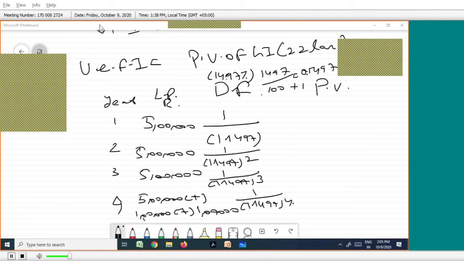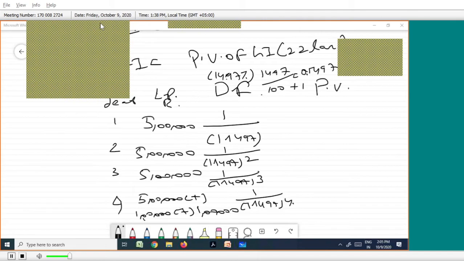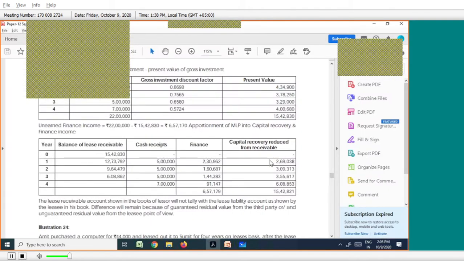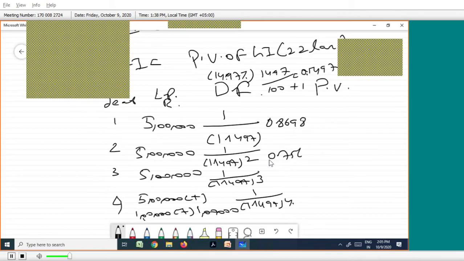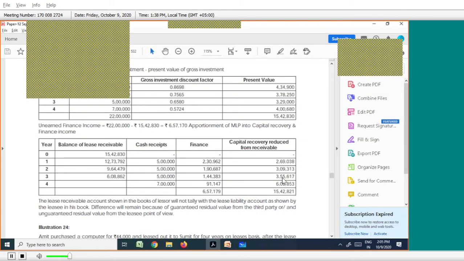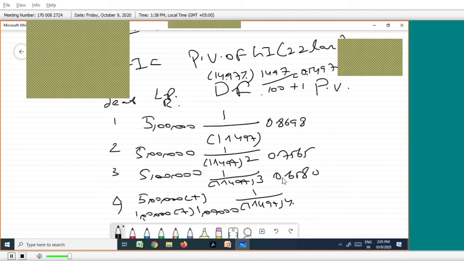All of you understood this working? For first year 0.8698, for second year 0.7565, for third year 0.6580, for fourth year 0.5724.